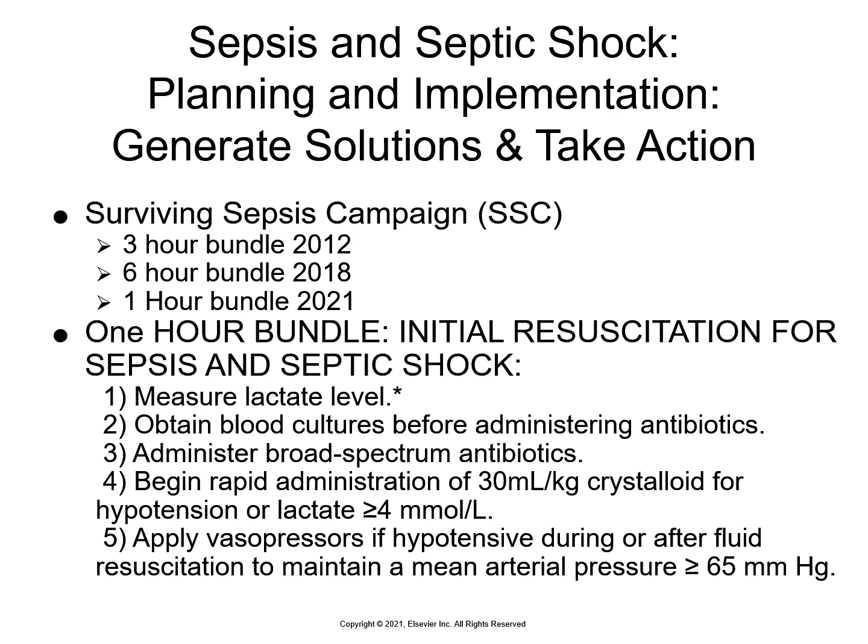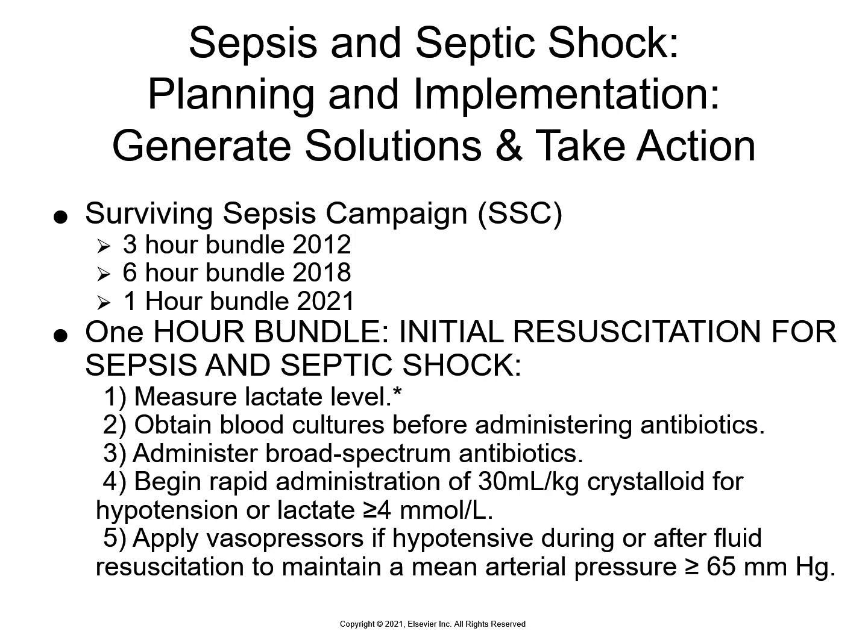This all came from the Surviving Sepsis Campaign. The current bundle is a 1 hour bundle, initial resuscitation for sepsis and septic shock. They're going to measure the lactate level.